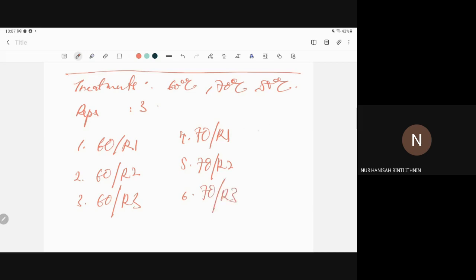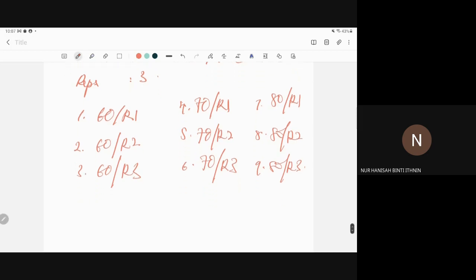Okay, and then you also have 80 rep 1, 80 rep 2, 80 rep 3. So these are our samples that we have to prepare, and then each of these we will subject to the different temperature.